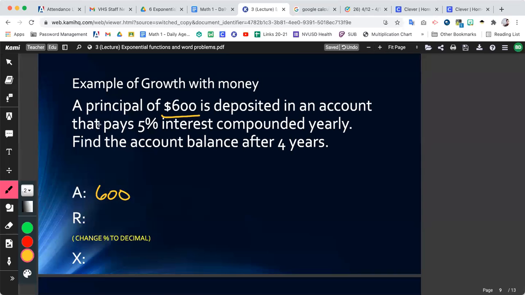The account pays 5% interest compounded yearly. So 5% interest, that stands for R. But remember, we can't put a percent into a calculator, so we have to convert that into a decimal. I want you to think about percents like pennies. If you had 5 pennies, how would you write that down?